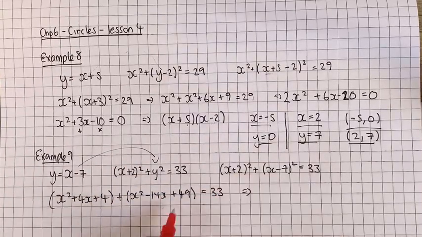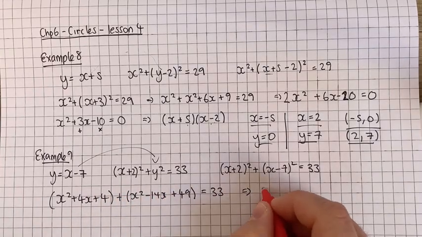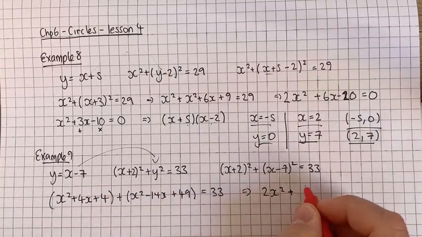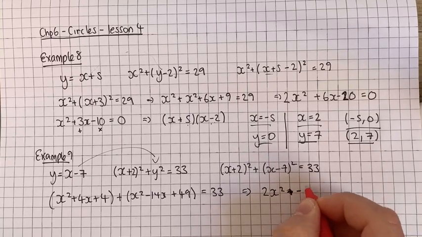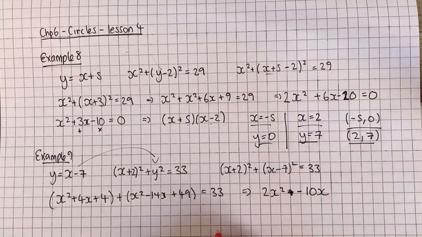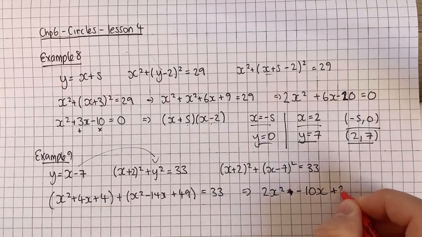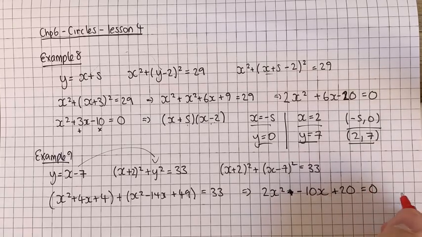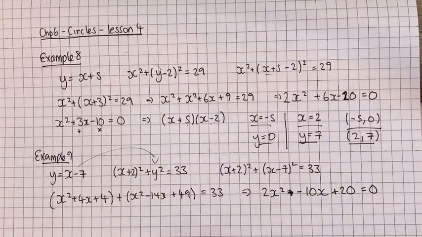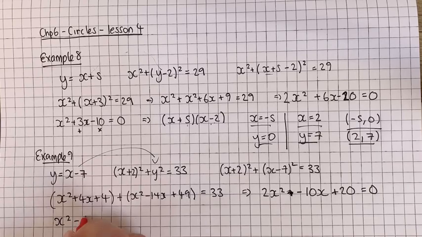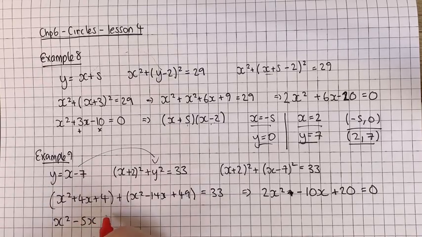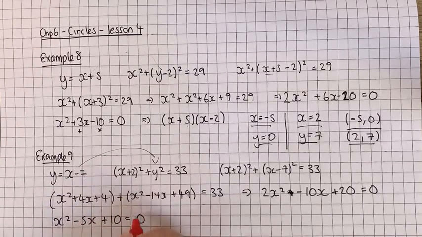Okay, tidying that up by simplifying like terms and bringing the 33 over, we get 2x squared, actually, minus 10x. And then we've got 53, take away 33 is 20. And I can halve them all, giving me x squared minus 5x plus 10 equals 0.